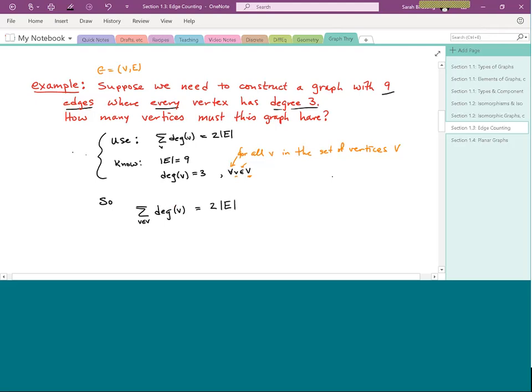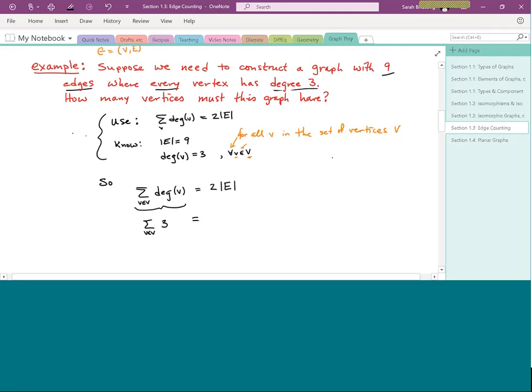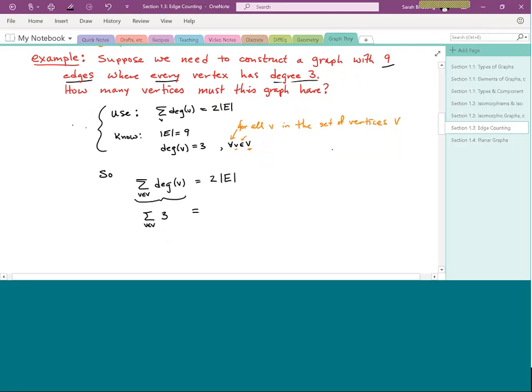One of the things that we know is that on this side, we're going to have the sum. Wow, that was a terrible sum. I'm just going to go with it. And the degree of each of those vertices is 3. Now, do we know how many vertices we have? Nope, that's what we're trying to solve for. So I don't know how many 3's I'm adding up yet, but I do know there's one 3 coming from the degree of each of the vertices.